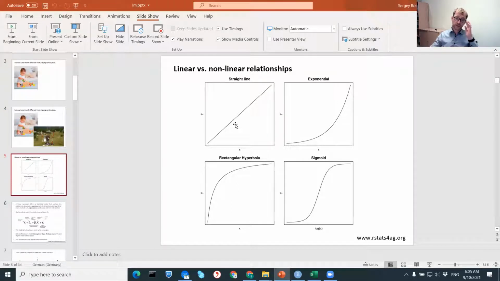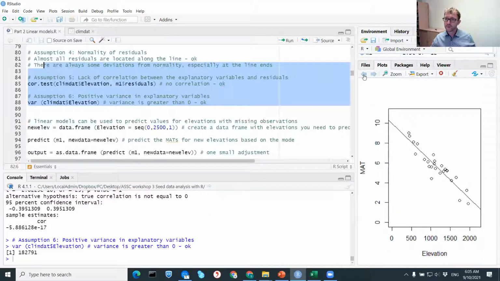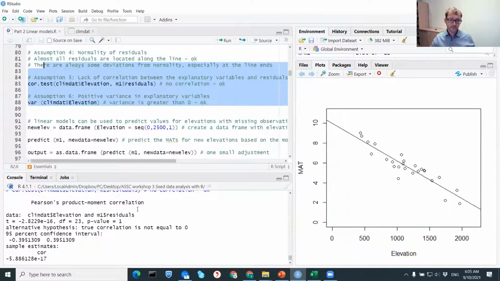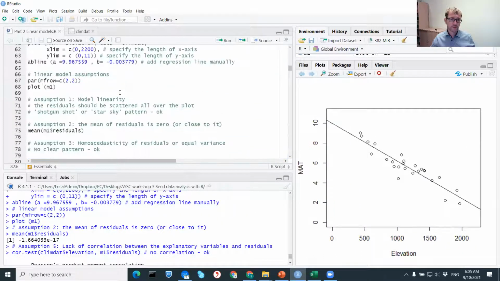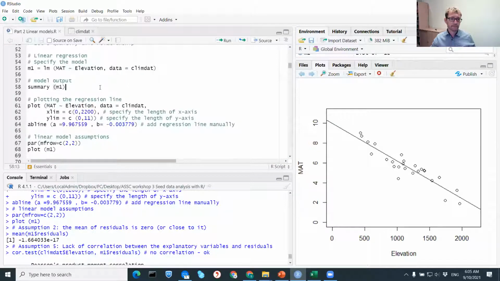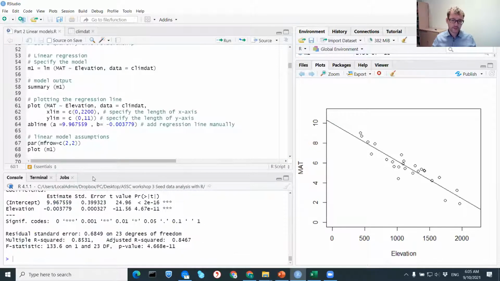To describe this relationship, we can see from our data that they are strongly negatively correlated. The power of this relationship is kind of high. So basically, the R square here tells me that the elevation explains 85% of variability in mean annual temperature. So basically, almost all of it.